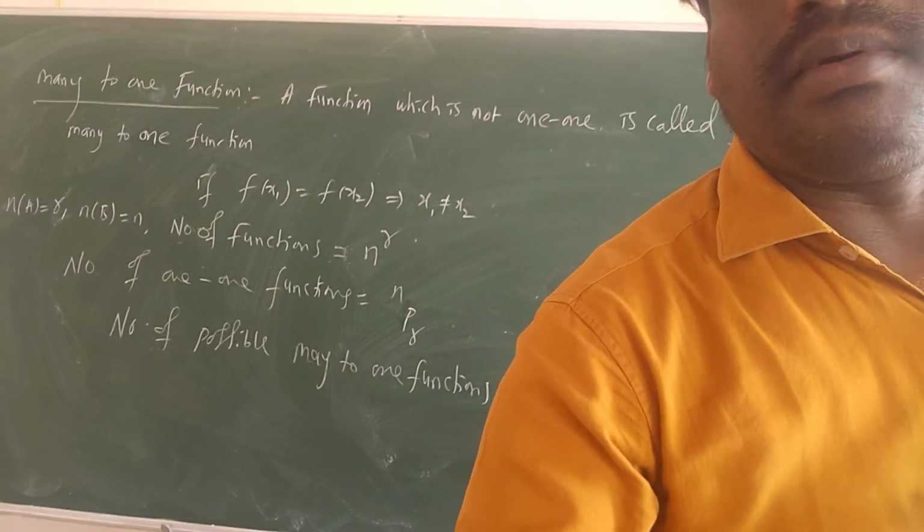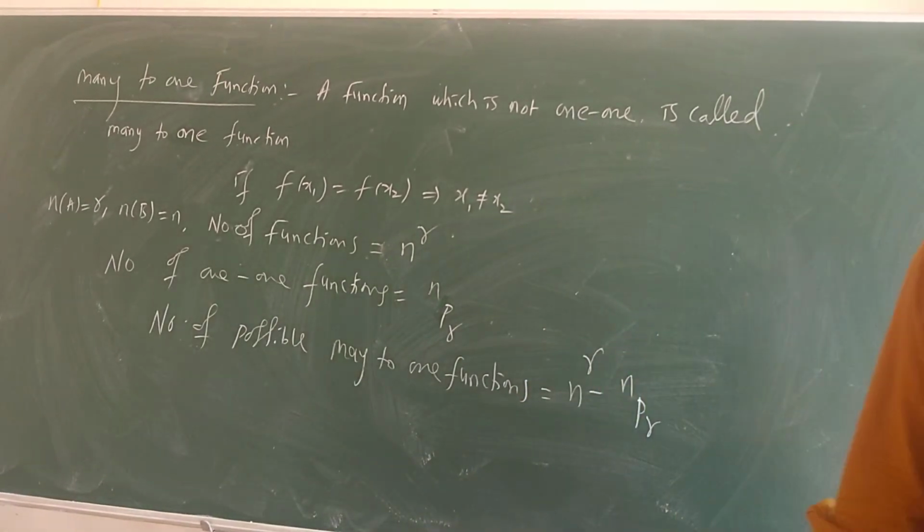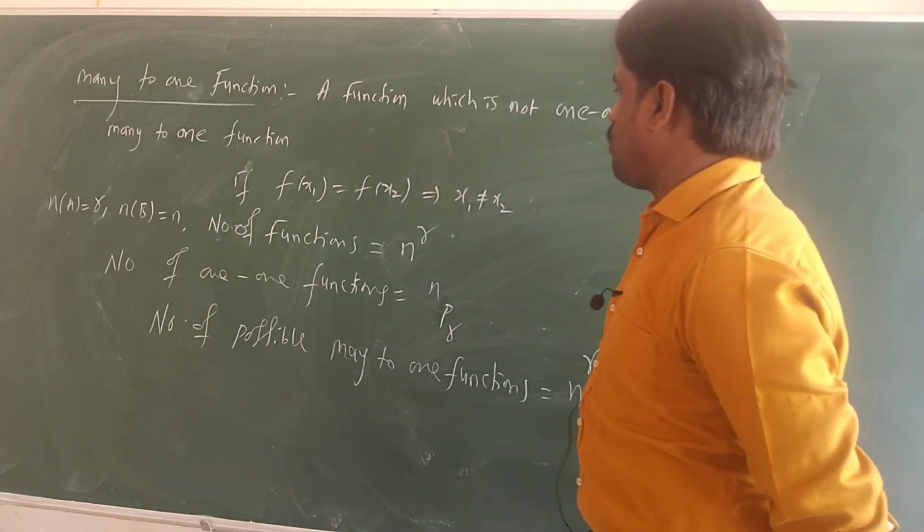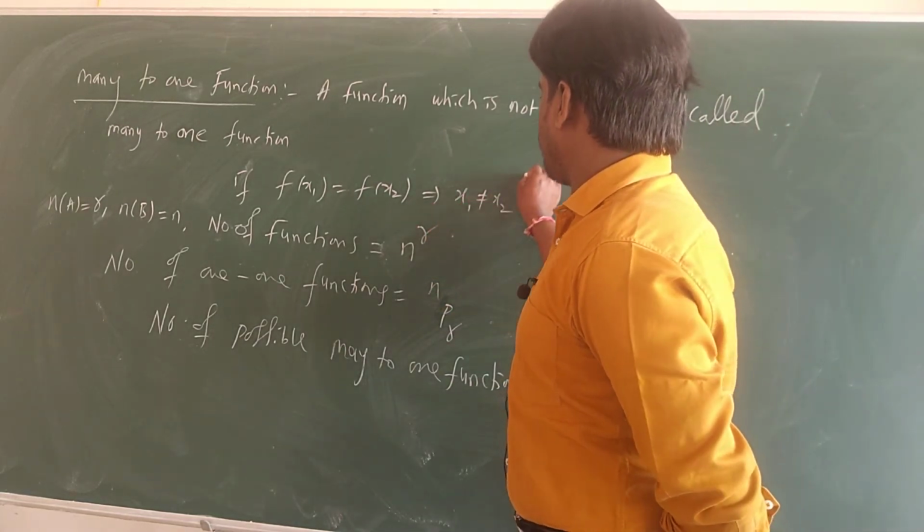So now the concept of many-to-one functions. A many-to-one function means a function that is not 1-1. It's called many-to-one. You know that for 1-1, if f(x1) is equal to f(x2), this implies x1 is equal to x2.